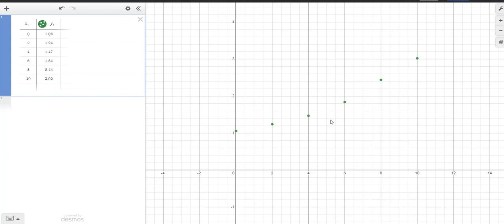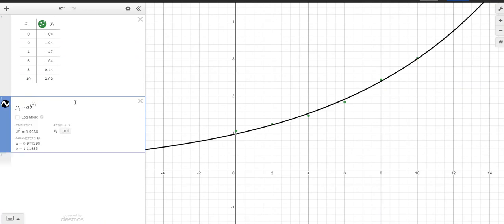And you can see that there's more of a curve to this than I would expect if it were just linear. So this does look like part of an exponential growth curve to me. So we wanted the a b to the t form this time. Oops, got to use x here though. And visually I can see it's a pretty good fit. R squared is 0.99, that's a great fit. And there are the a and the b values. So I'm going to write this as, let's see, this is robots, so they wanted us to use R of t. And let's see, I should be able to get my screen share in here.